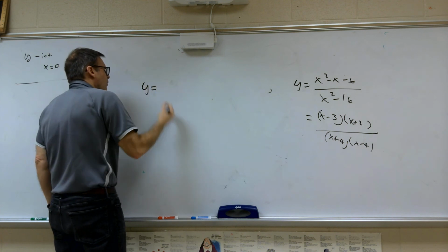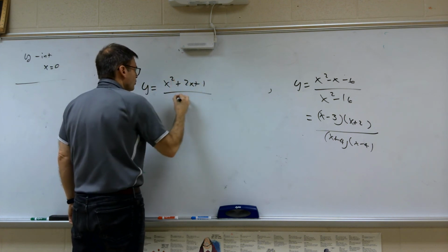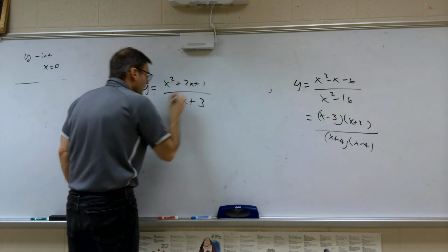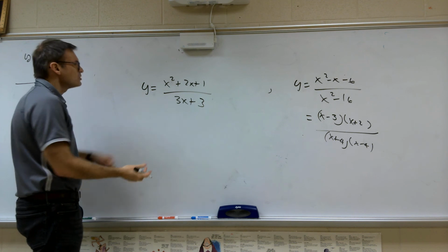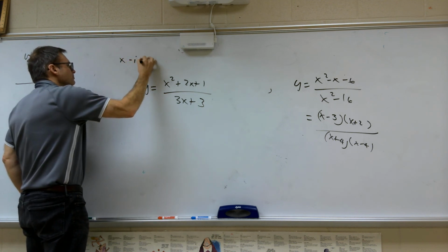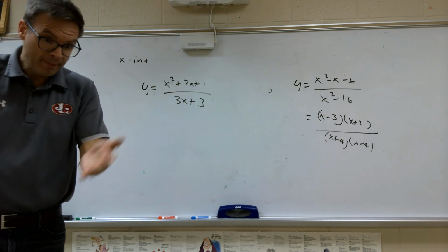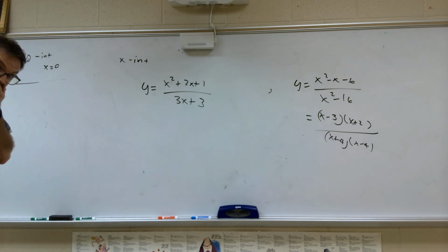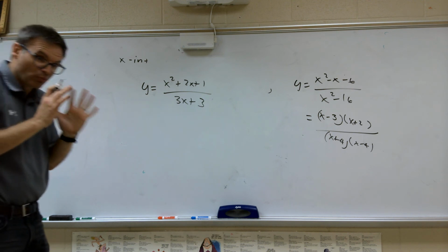Let's say I give you y is equal to x squared plus 2x plus 1 over 3x plus 3. And your job is to find the x-intercepts. You're going to get a question like this, and I want to make sure you're ready to answer it.